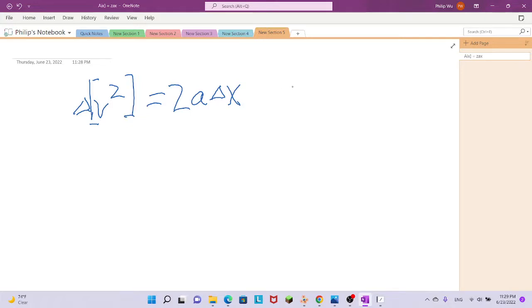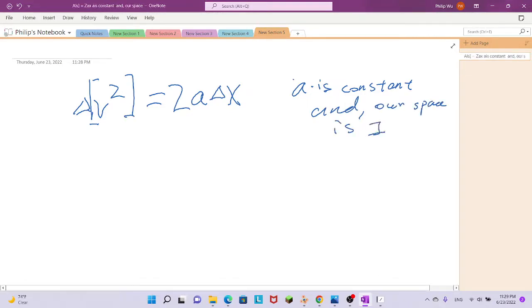This is under the assumption that a is constant and our space is one-dimensional, so it's pretty much just a line.